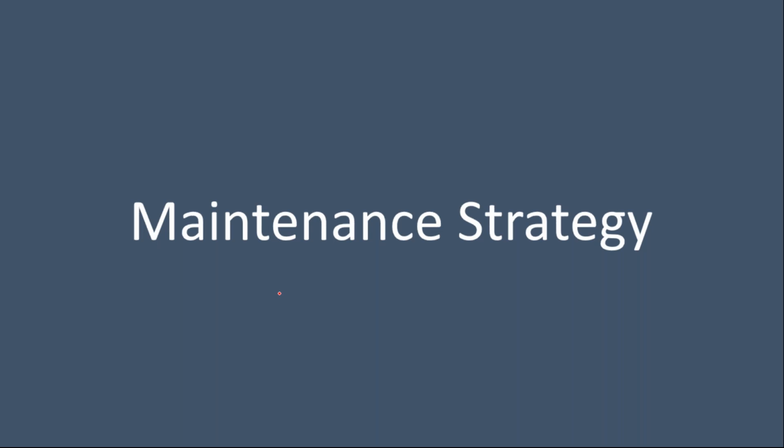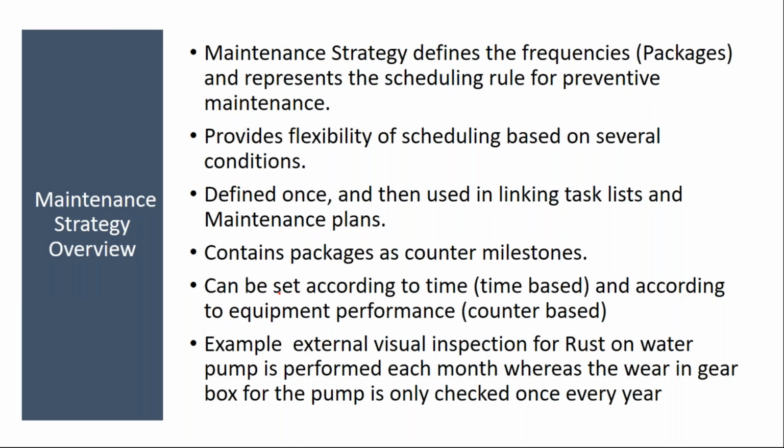So now we will talk about maintenance strategy. Maintenance strategy defines the frequencies and represents the scheduling rule for preventive maintenance. So in the maintenance strategy, you will maintain your cycles. Cycles are nothing but packages. Frequencies: in what interval, what activity you are going to do, those intervals you will define.